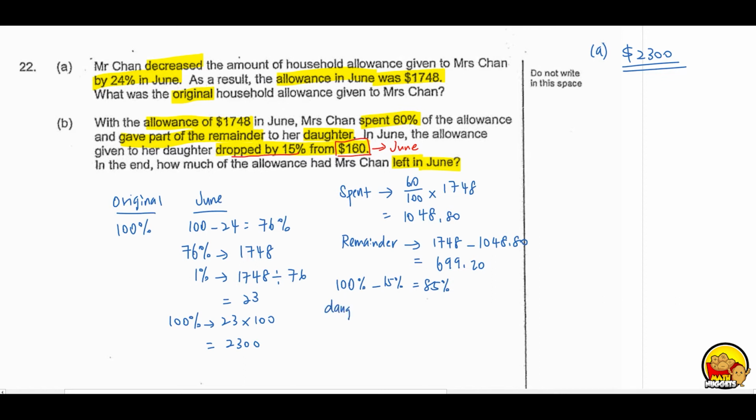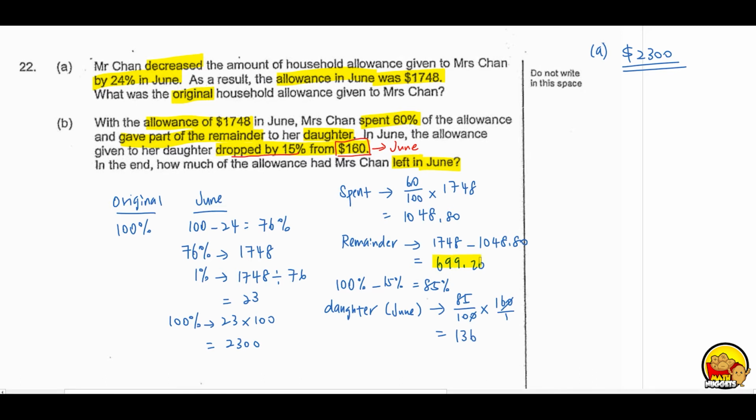Okay, so now we're going to find out the daughter in June would be 85% of her original allowance of $160. Which is $136.